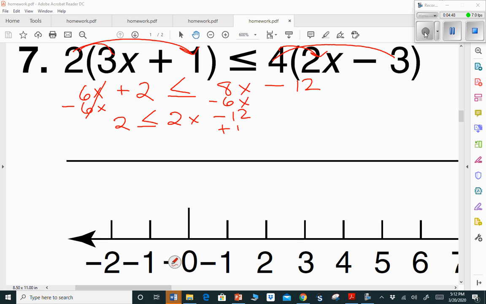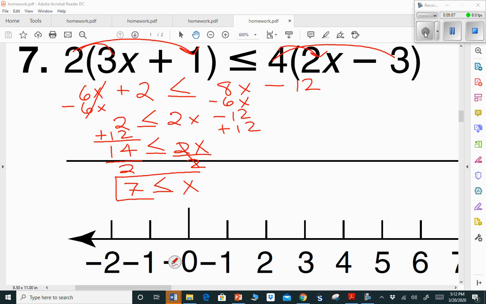Add 12 to both sides. That makes 14 is less than or equal to 2x. Divide both sides by 2. 7 is less than or equal to x.